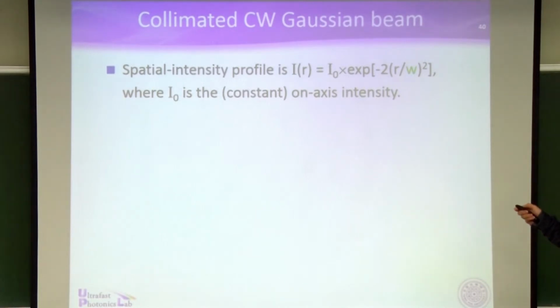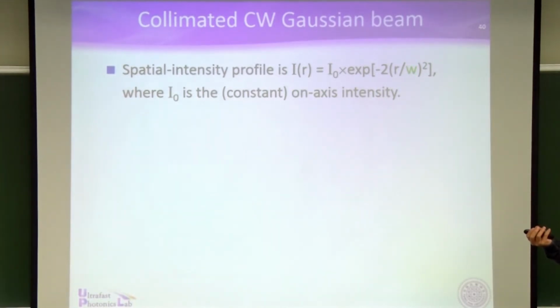Okay, but the intensity does change with radius r. So there is a Gaussian profile, e to the minus 2 times (r over w) squared. What is w? Beam radius. And because we have assumed it's a collimated beam, w here is a constant.